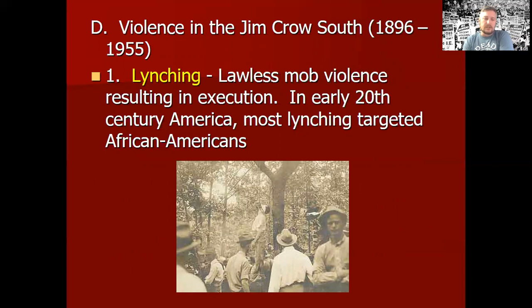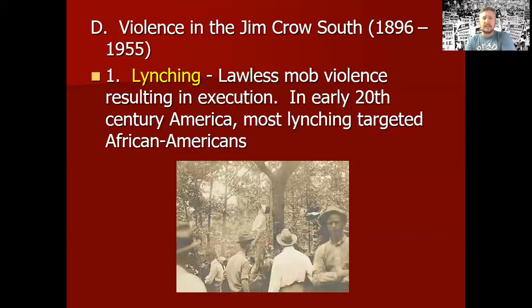The violence is something that must be discussed in order to understand the impetus for the modern civil rights movement, but also, again, I think the distrust that still remains today in many African American communities of either law enforcement or just power structures, because for decades primarily African Americans were being lynched without any type of justice at all, and absolutely horrendous.